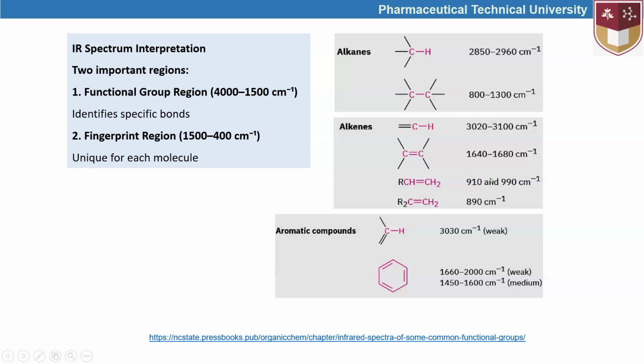Yeah, big differences among them. And the replacement of two hydrogens on one carbon, as indicated here, is causing an even smaller wave number, as indicated here. Okay, in aromatic compounds, a similar thing could be observed as well, as indicated here.